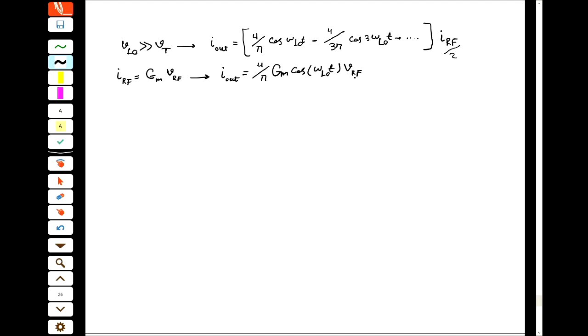It's wrong here. This is also divided by 2.